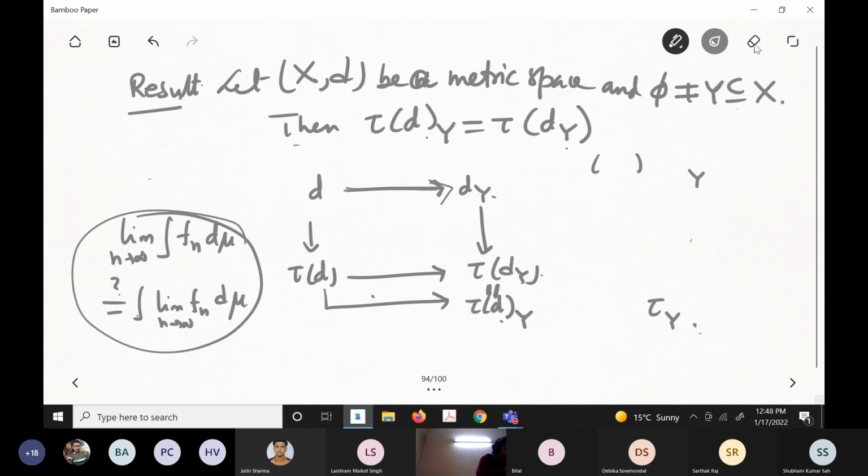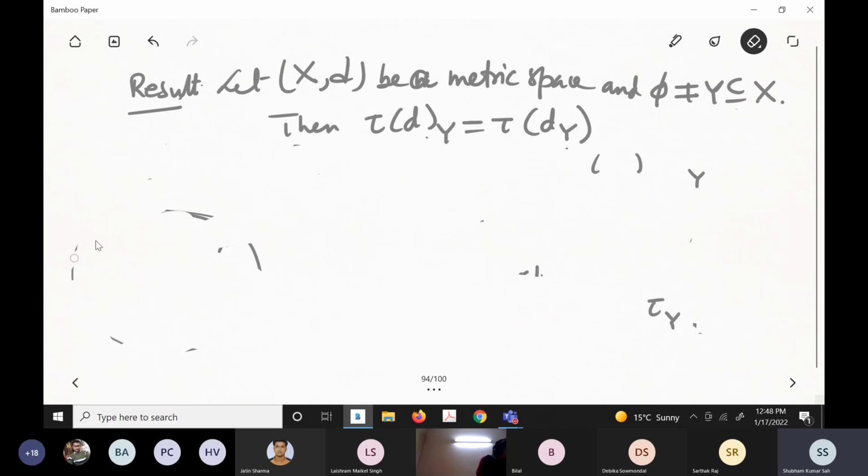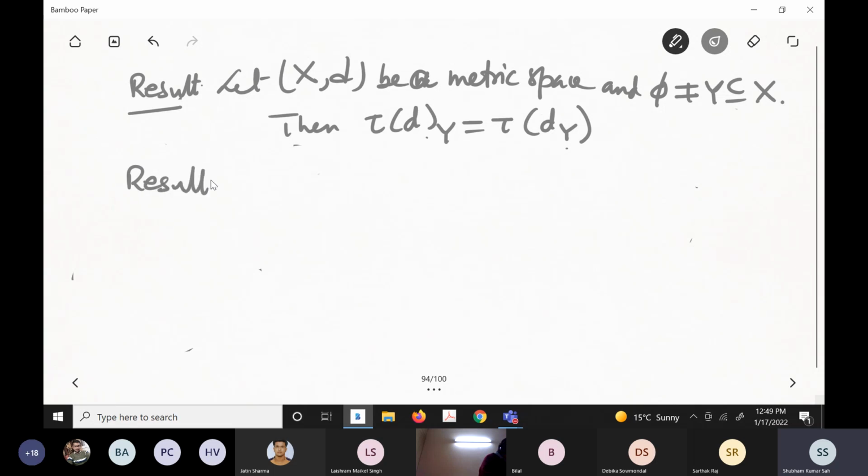So you got this. Now with this, you can prove this thing. Let X tau be a metric space.